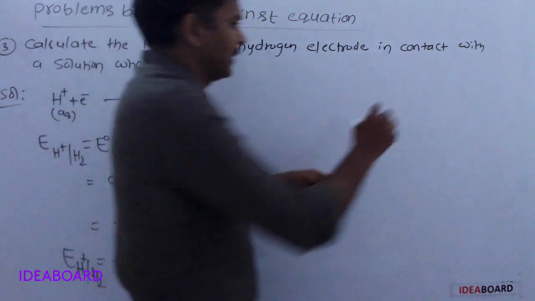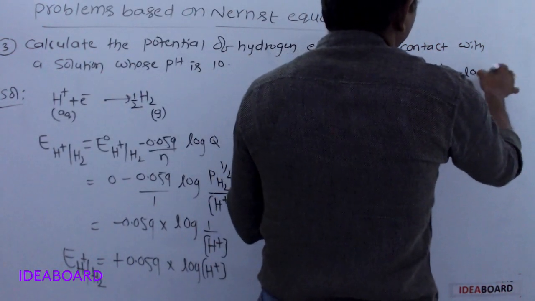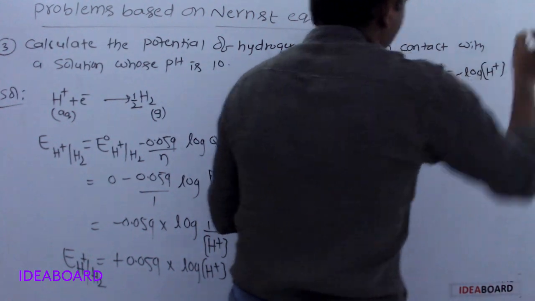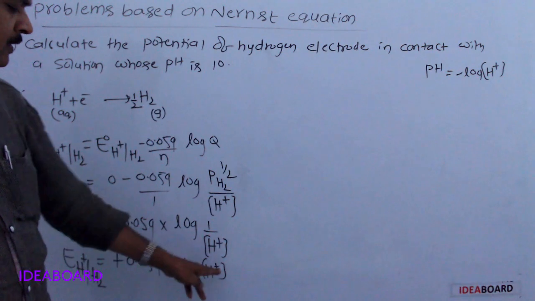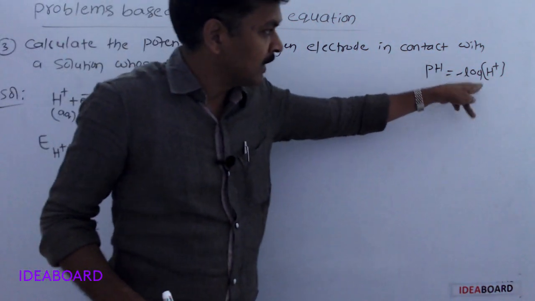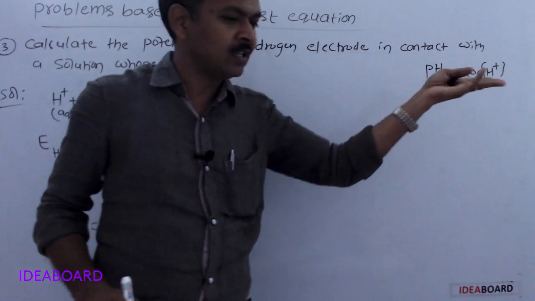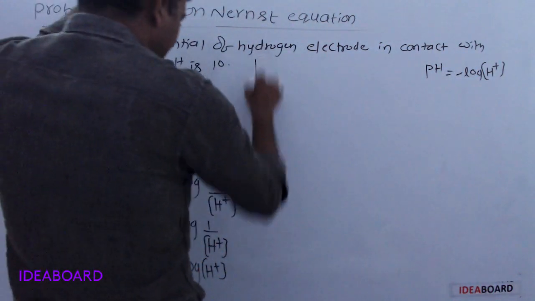We know that pH is equal to minus log H plus ion concentration. So instead of log H plus ion concentration, we can write minus pH.